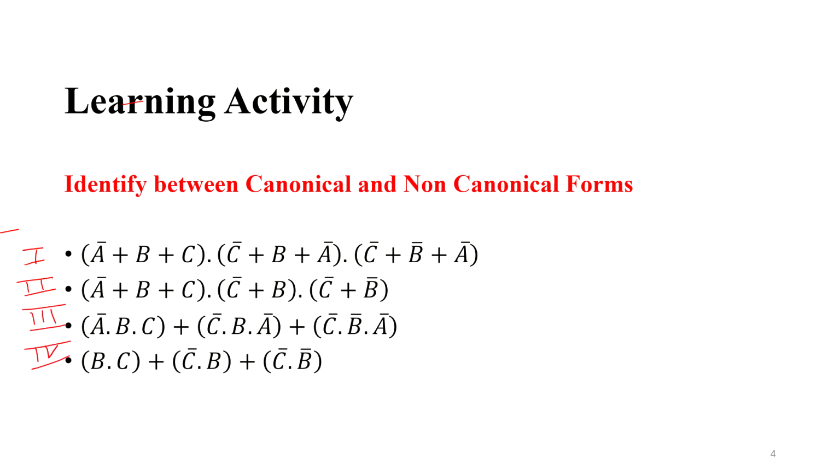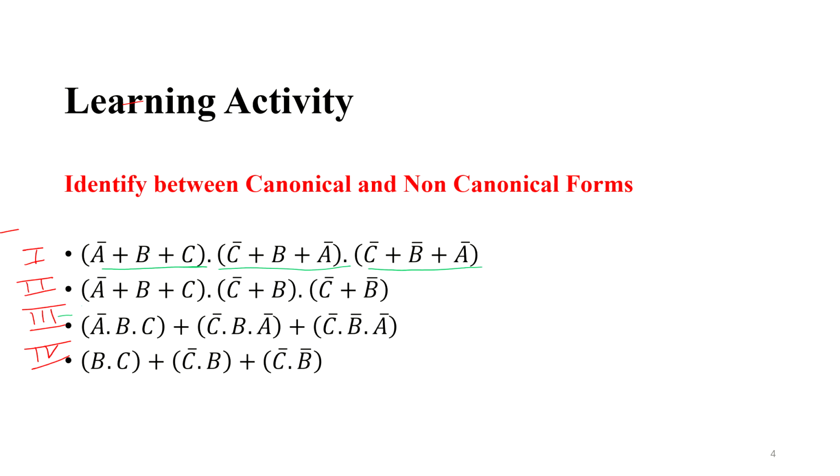You have to identify which is canonical and which is non-canonical. See here: all three variables are there, again all three variables are there, again all three variables are there. So it should be a canonical form.